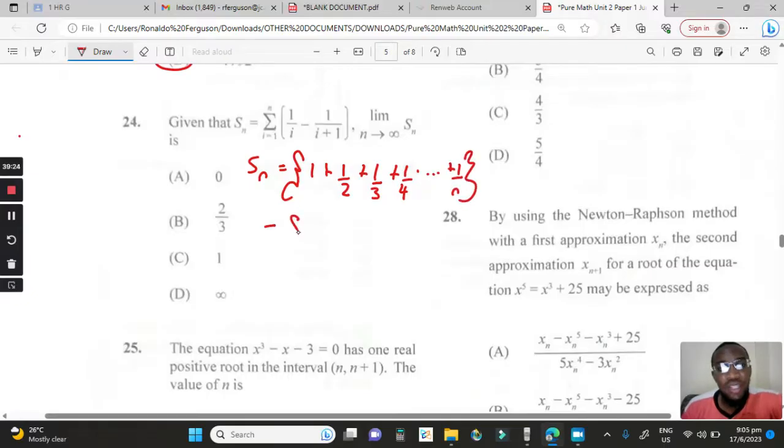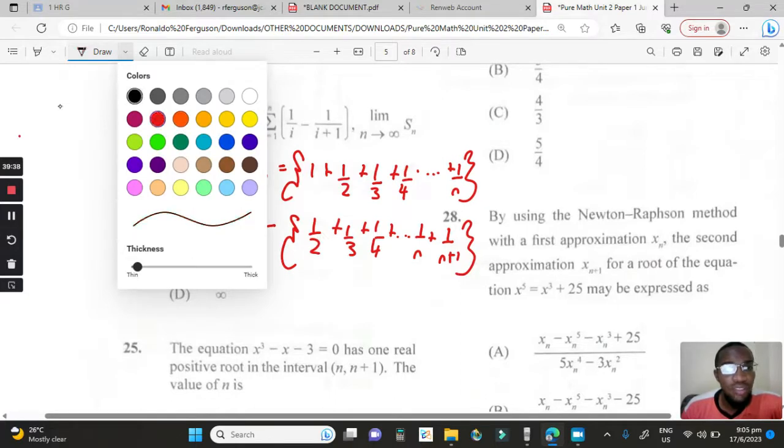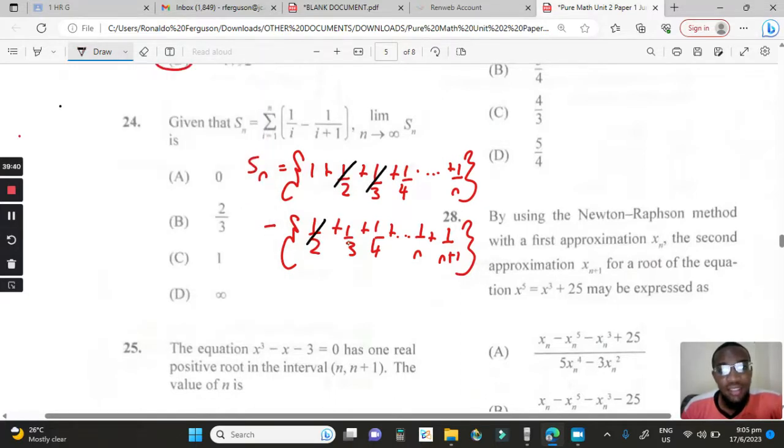Then we're subtracting 1 over i plus 1, which would start at 1 over 2, because this is 1 plus 1. Then 1 over 3, then 1 over 4, all the way up to 1 over n plus 1. Ooh, then we notice that these cancel when we subtract. So we're left with 1 minus 1 over n plus 1.